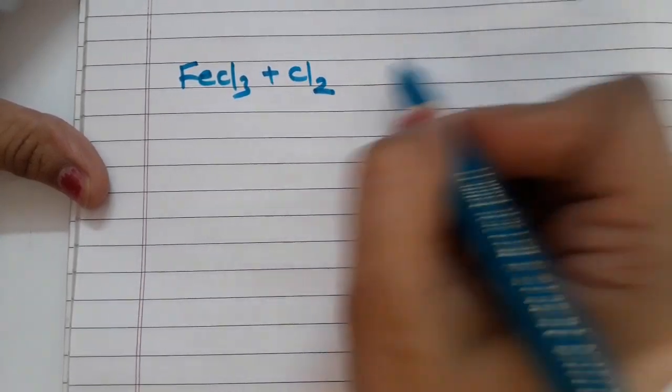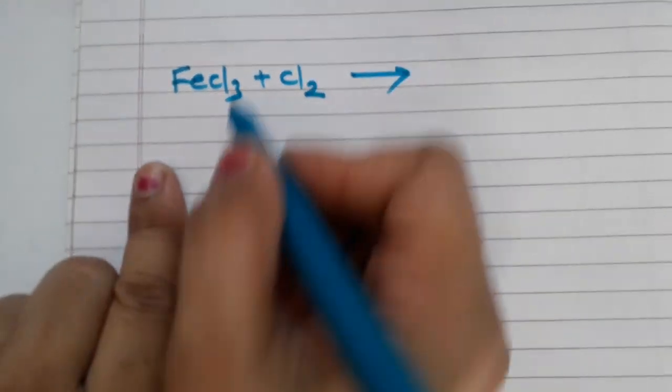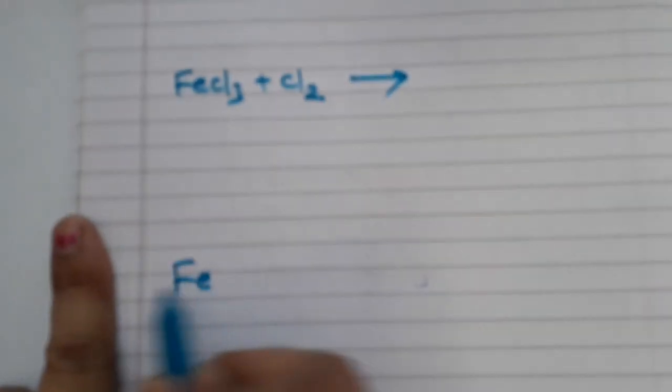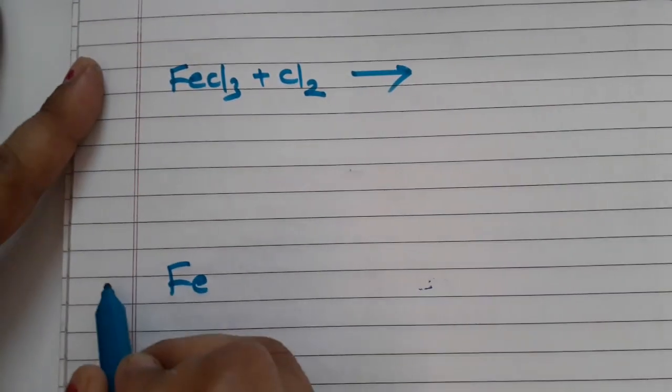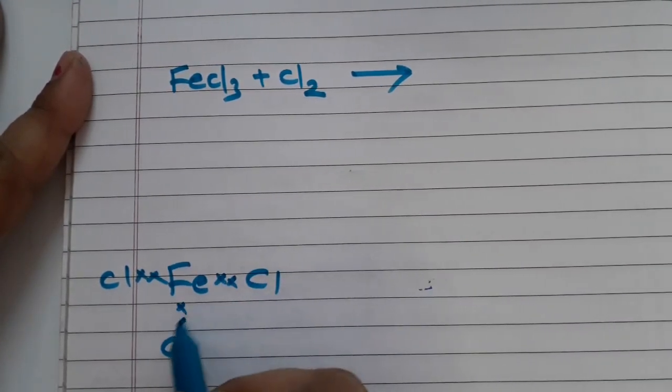So here I have the catalyst, that is FeCl3, plus Cl2. Fine. Now, if you look at the structure of FeCl3, it is Fe with Cl, Cl, Cl: 1, 2, 3, 4, 5, 6.